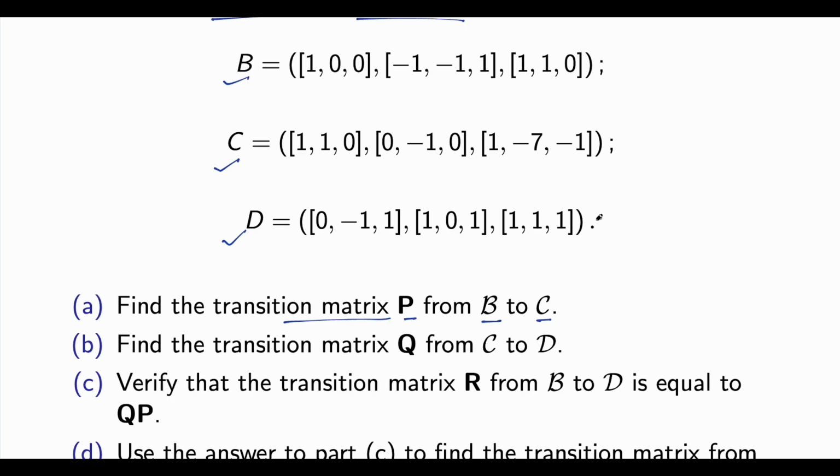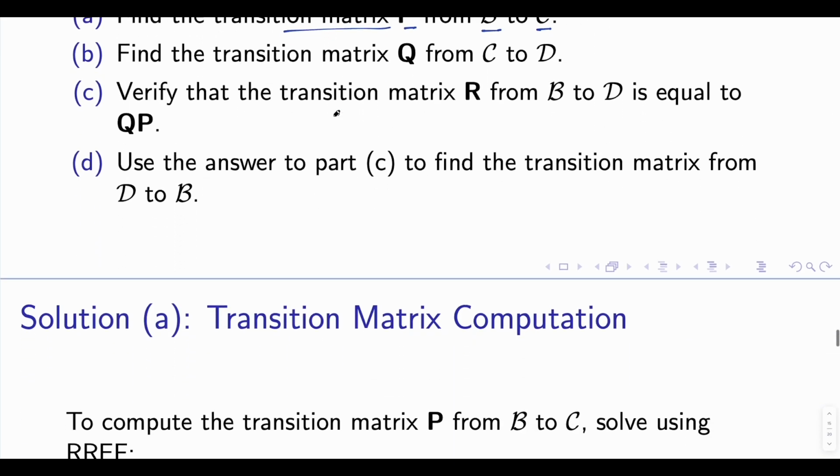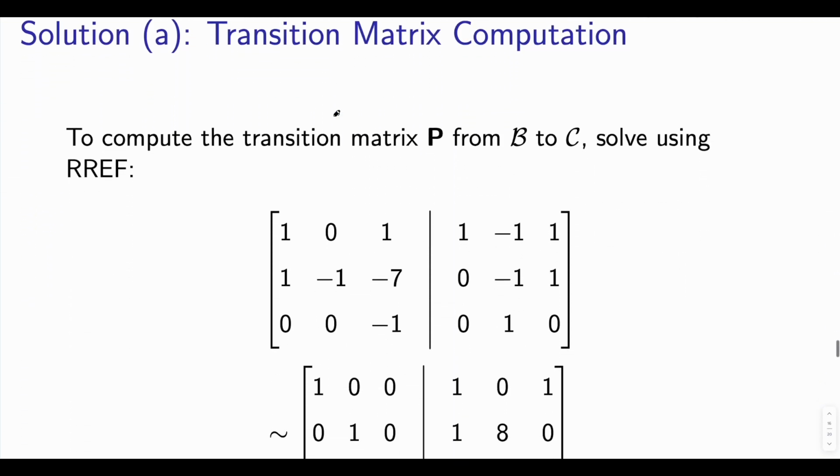From B to C, for the first part, you write the C vectors transposed and allocate them into the columns. Then form the augmented matrix with respect to B, where rows become columns.